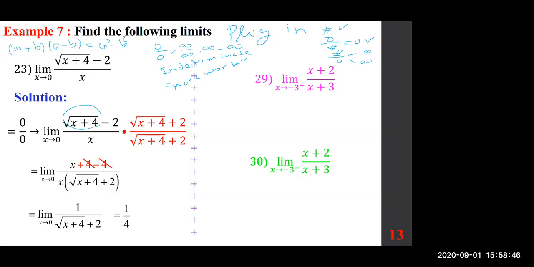All right. Now, let's look at numbers 29 and 30 together. Both of them seem to be the same. We have the limit of x plus 2 over x plus 3. But in one case, x is approaching -3 from the right, one is approaching -3 from the left. First, I'm hoping everybody understands what we mean by -3 from the right and left, or any number from the right and left.